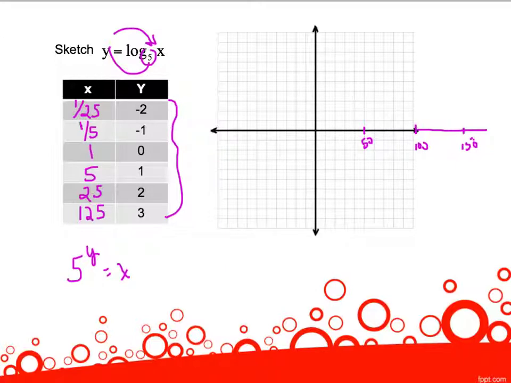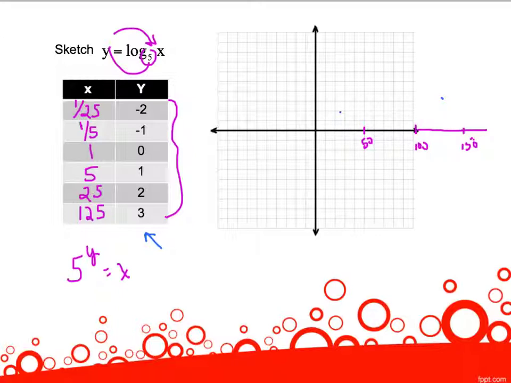All right. And let's actually start graphing these last few points so we'll have a little better idea of what the graph looks like. So we'll start here when x is 125, which would put us right around here. Y would be up here at 3. When x is 25, which would be right here in the middle, y would be 2.